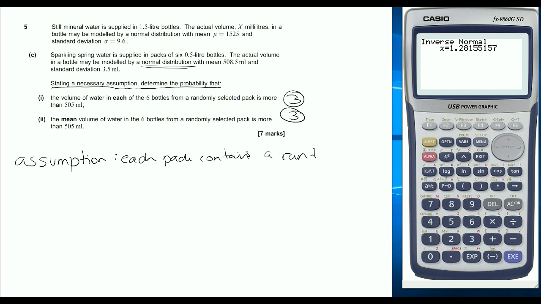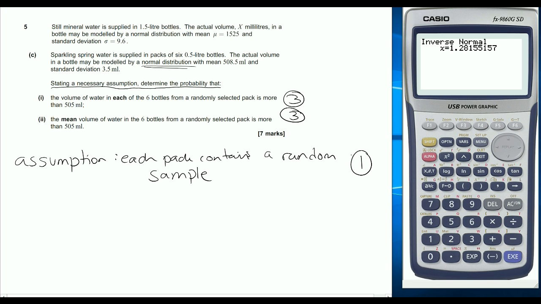So instead of perhaps they're only packing the heaviest ones or they're only packing the lightest ones, that would mean that each of the packs of 6 bottles that were given were not a random sample. It just has to be a randomly selected bottle from the production line. So each pack contains a random sample. That's the necessary assumption. And in writing that, that's worth the 1st mark.